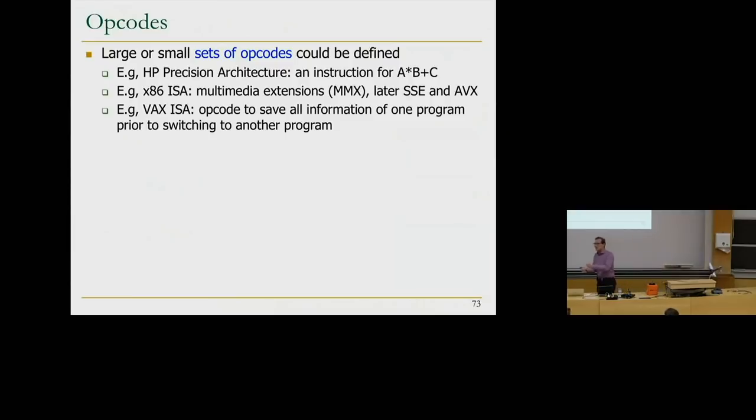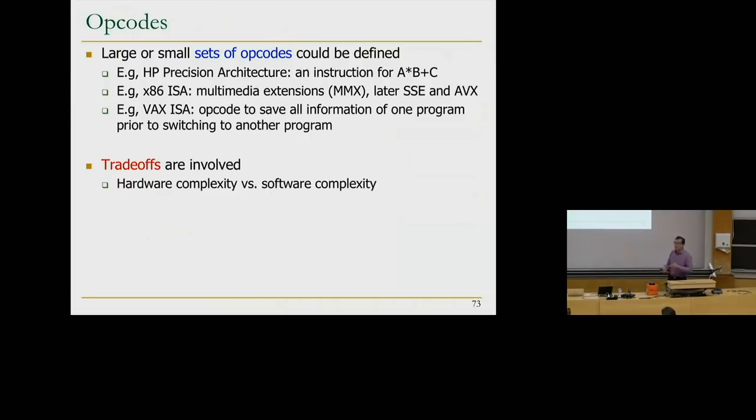Okay, this is the processor that I have. What can I do with it? What is the capability of the instructions, right? So there are trade-offs involved in the design of this, like what the opcodes should be: hardware complexity versus software complexity. For example, if you have very complex opcodes for operations to be done by the program, then hardware becomes more complex. Maybe the software's task is easier.